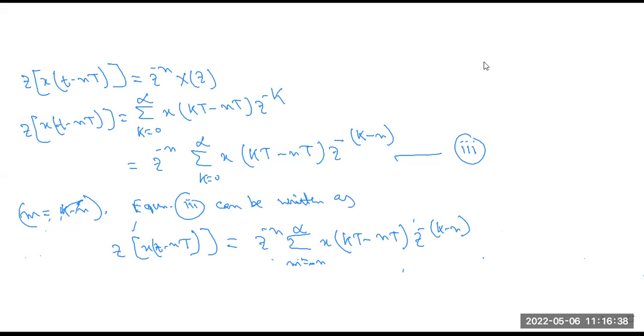Sir, there we can write m in place of z to the power minus k minus n. Yes, z to the power minus n. Here n is basically an integer.